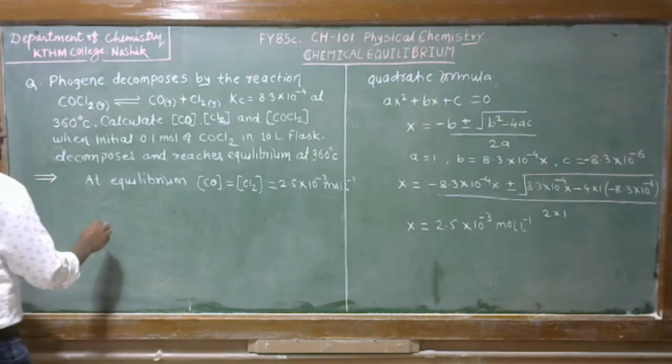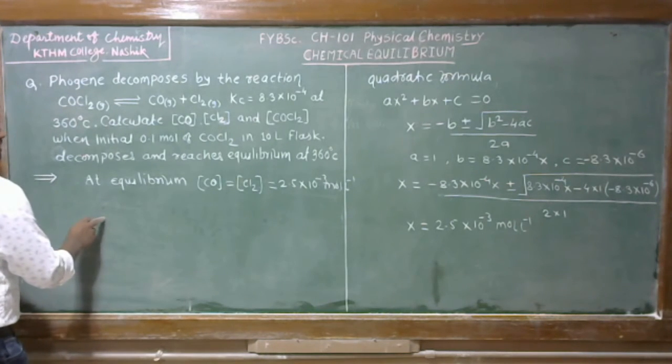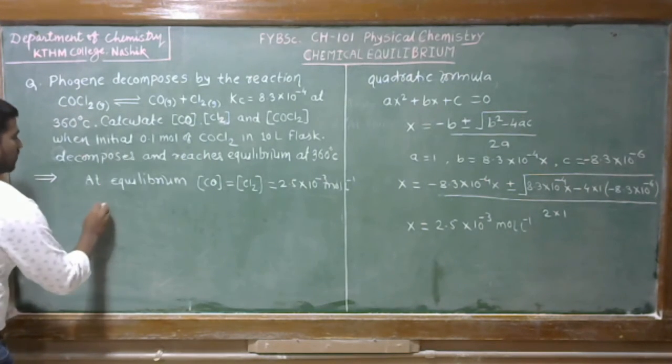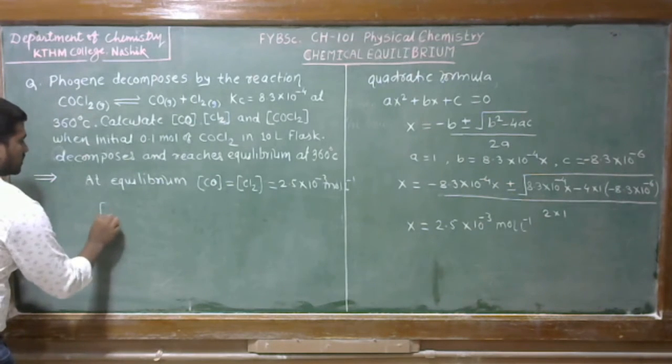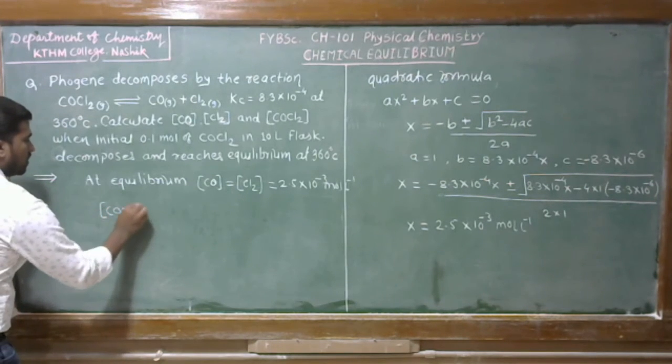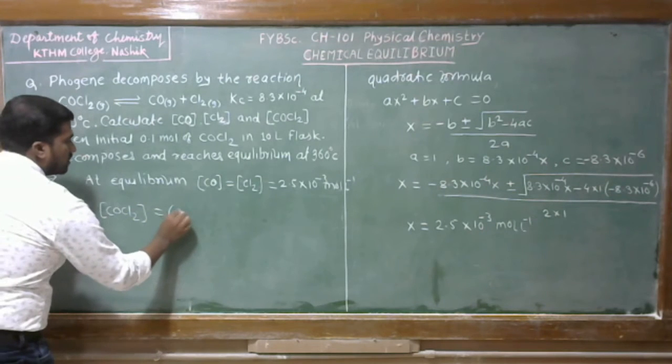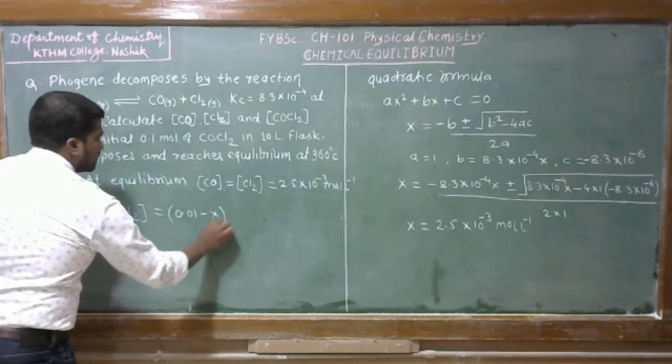Now we have to calculate the concentration at equilibrium for phosgene gas. So the COCl2 is equal to 0.01 minus x.